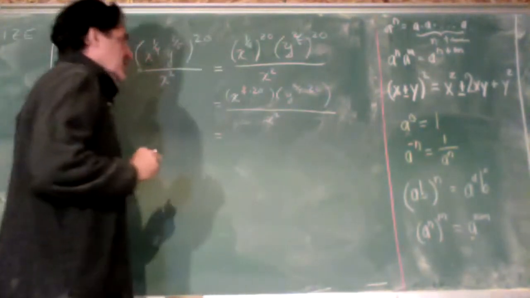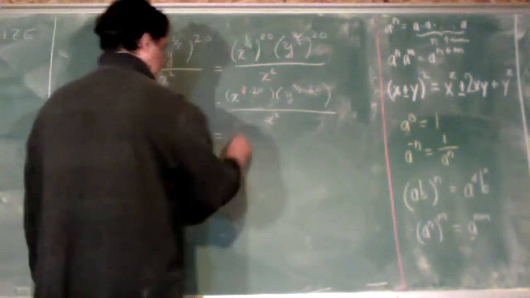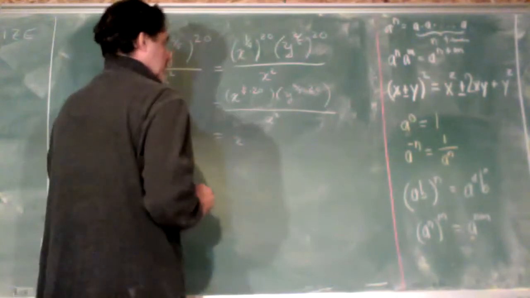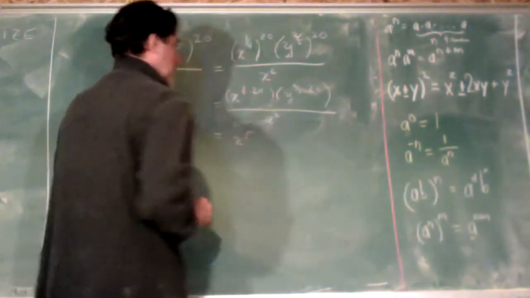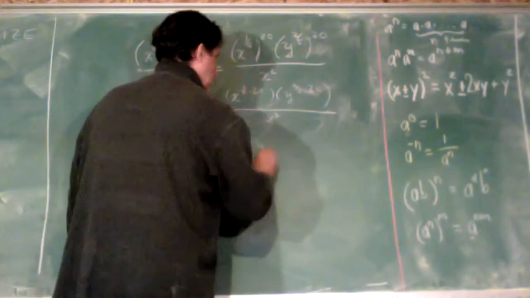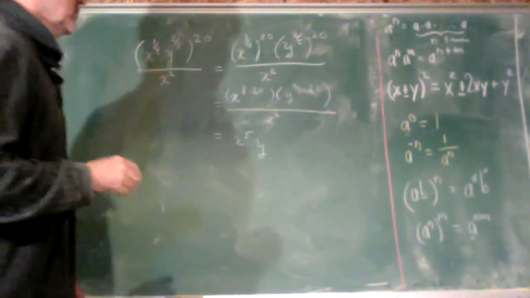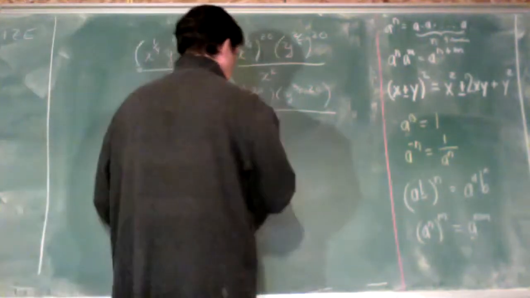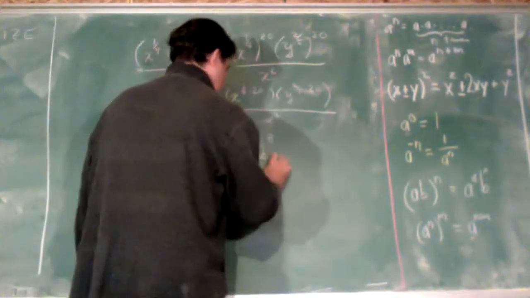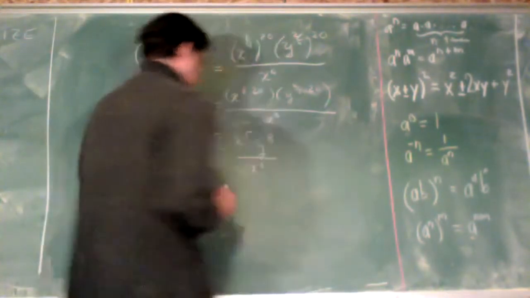Do our arithmetic on our exponents, 1/4 of 20 simplifies to 5. 2/5 of 20, or 40 divided by 5, simplifies to 8, over x squared.